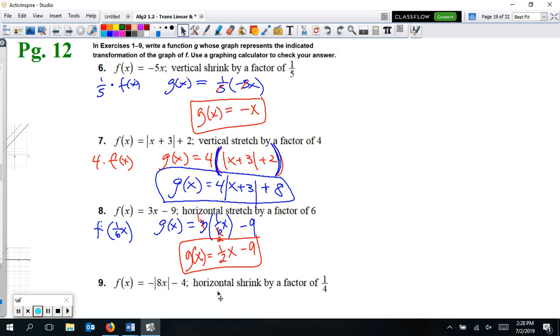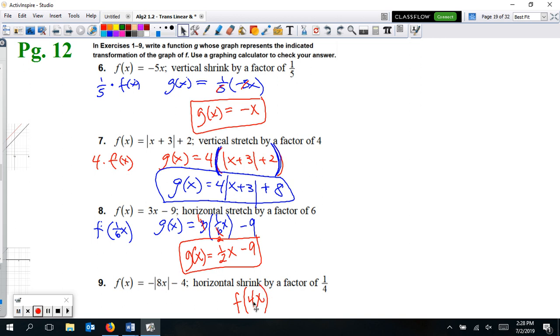Now number 9, when we come to this one, horizontal. So again, it's the same thing. It's going to go on the inside. But again, the factor is 1/4 here, which means we want to change that to the reciprocal of 4. So if I flip it, that's 4 over 1, which is the same as 4. So 4 is going to get multiplied by x on the inside, as you can see. So here's f of x. We're going to multiply x on the inside by 4.